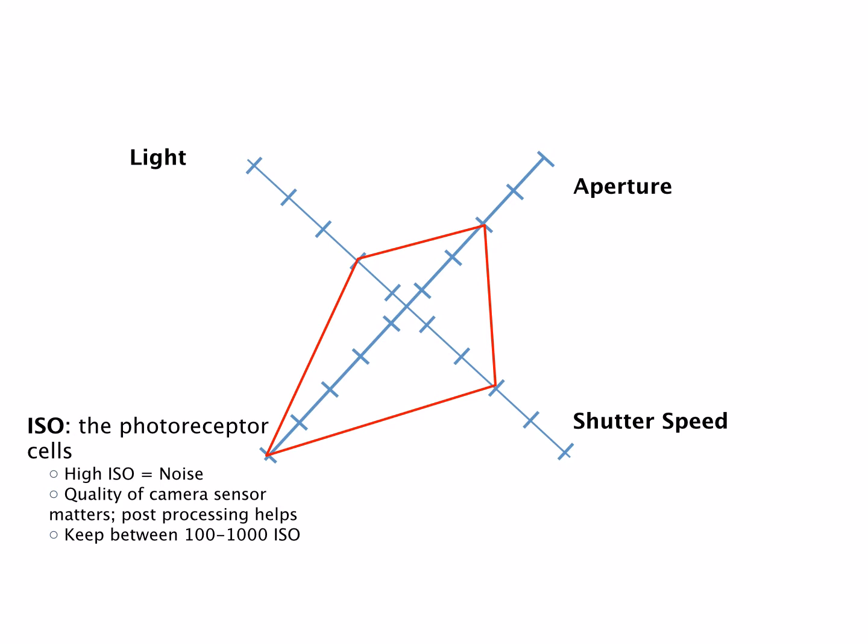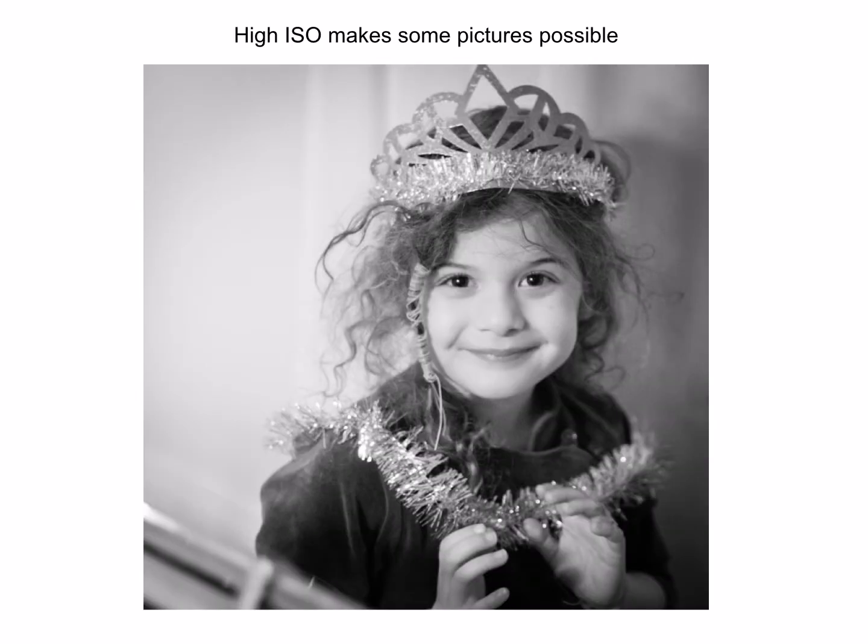If you can, try not to go beyond 1,000 ISO. I mean, maybe 2,000. It really depends on your camera. Between 100 and 1,000, you're not going to see that noise, and you're not going to see any limitations to your photos as it relates to ISO. So here is an example of high ISO.